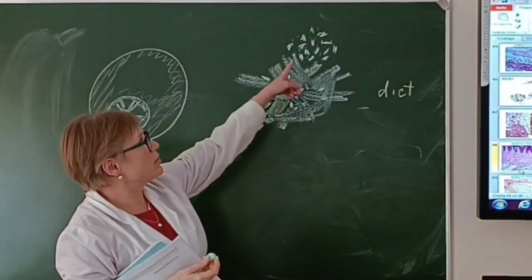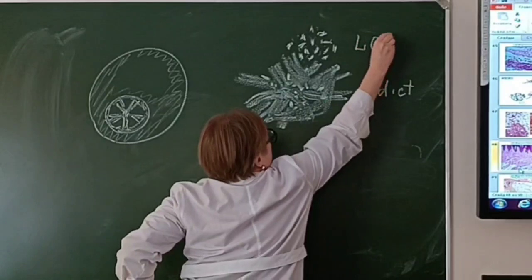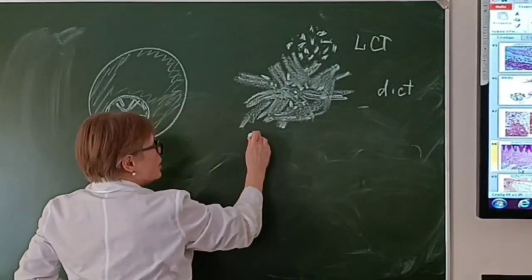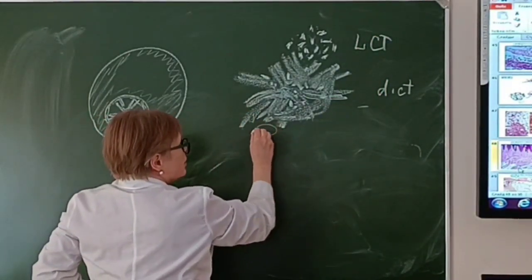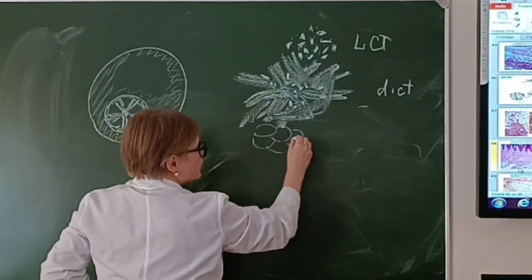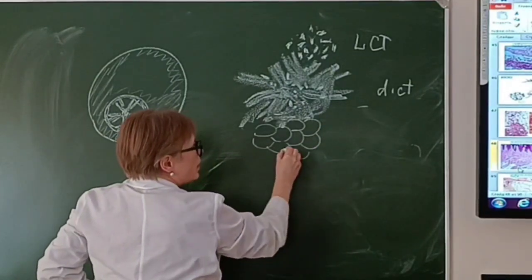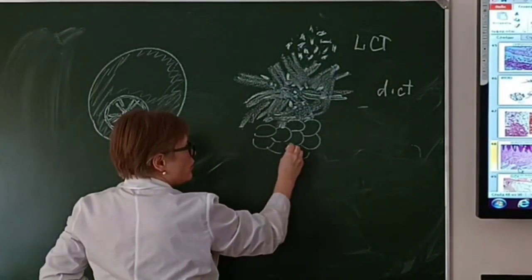And this will be loose connective tissue. And here we can see adipose tissue. It looks like epithelium without interruptions, without holes.